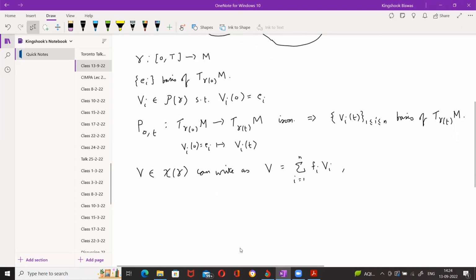So why are these functions smooth? First of all, note the V_i's are smooth vector fields along gamma, because they're solutions of a differential equation with smooth coefficients. These are C infinity along gamma.